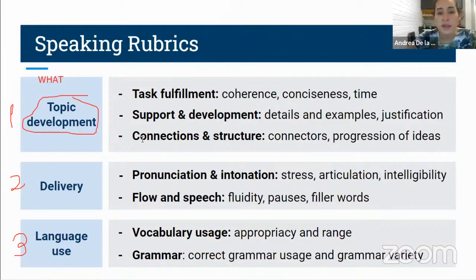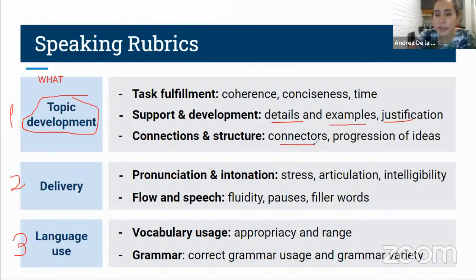So whether what you're saying is coherent, does it make sense? Are you using the right amount of time? Are you being redundant? Are you repeating the ideas too much? Are you giving enough details, enough examples? Are you being specific? Are you supporting and developing your response correctly? Are you justifying what you're saying? Are your ideas connected? How do they flow?